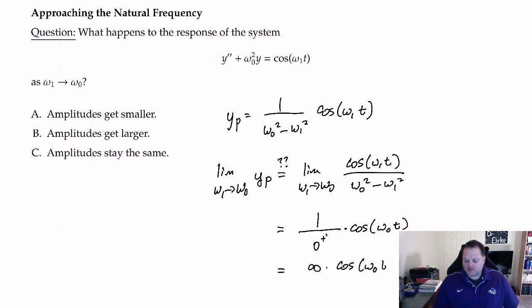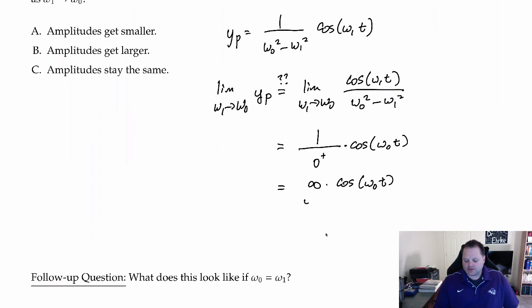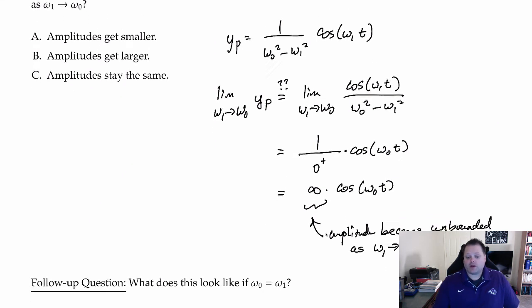Now, all I want you to understand is this gets larger. The amplitude becomes unbounded as omega 1 approaches omega naught. And this is what we mean by resonance.